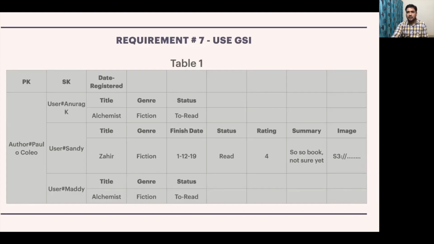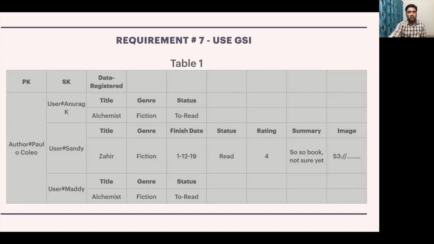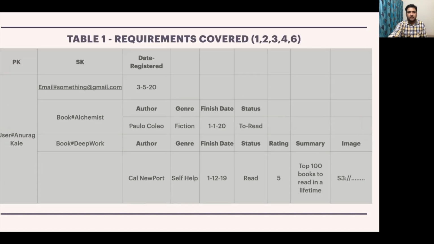Now there is another requirement at last which says that the author should be able to check which users are reading his book. So now I have created a secondary index or a GSI in which the primary key I have taken as author hash. You might be wondering why I have used user hash, author hash, email hash, book hash.